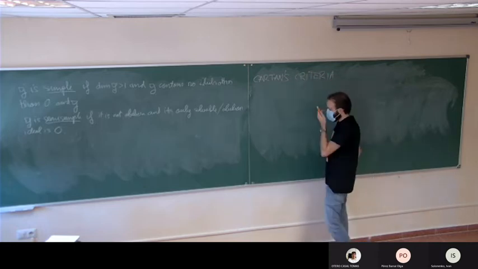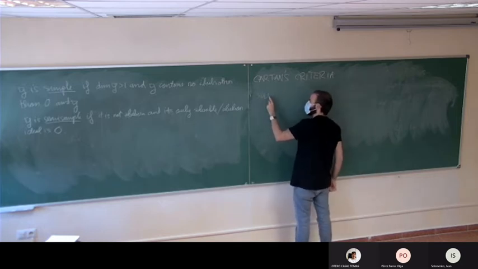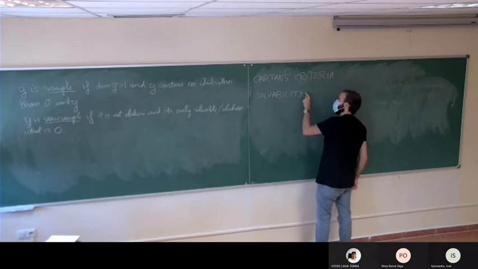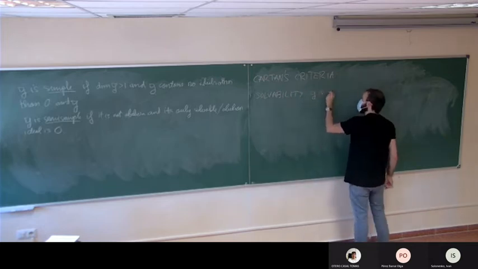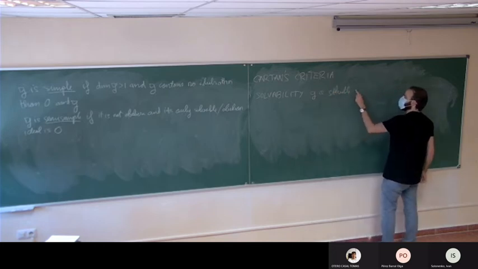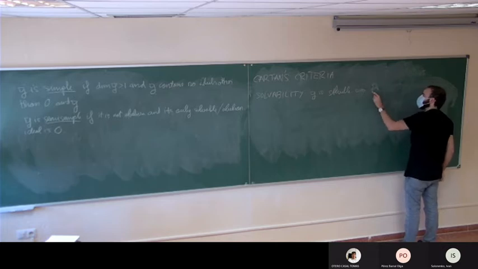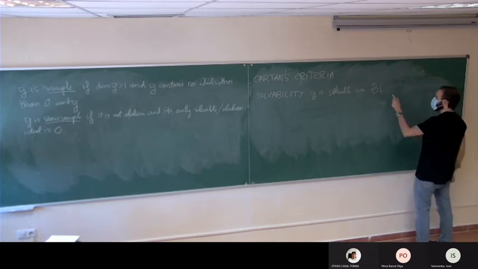The first is the Cartan criterion for solvability: G is solvable if and only if G and its commutator are orthogonal with respect to the Killing form.